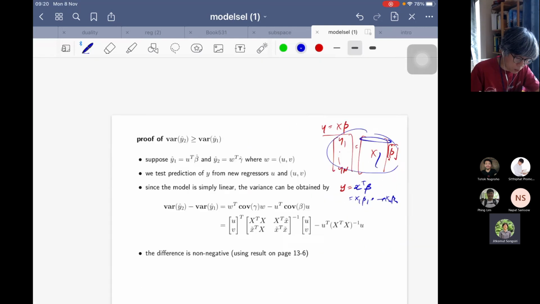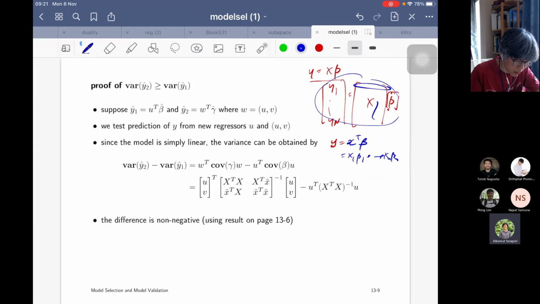Now I want to explain it this way. Suppose you have the estimator beta hat, and for the second model you have a gamma hat. When you do the estimation, assume that you have another sample of the predictor, just one row.